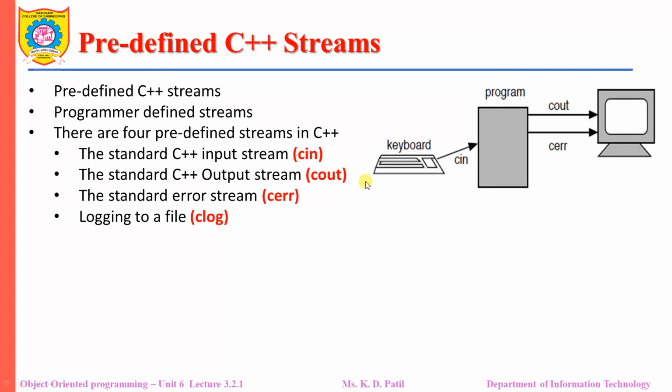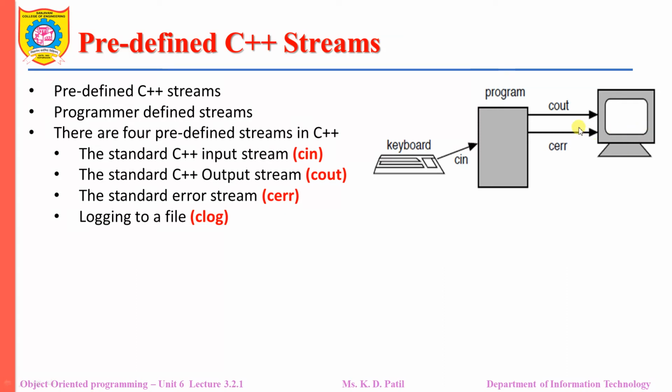The second stream is the cout stream, which is connected to the monitor or the user's video screen, and cout is the C++ standard output stream. Most of the time that output stream is connected to the user's video screen, but it can be redirected so that the data can go to a file.